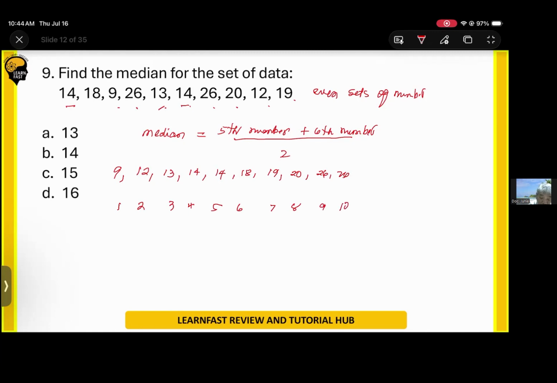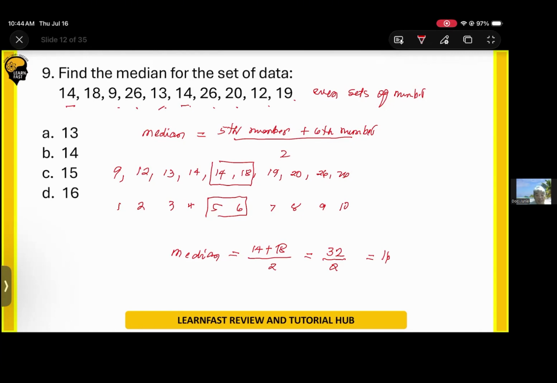So the fifth and the sixth number will be summed up. So you have now median is equal to 14 plus 18 divided by 2. So the numerator takes the sum of 32 divided by 2. That would be 16. Okay?